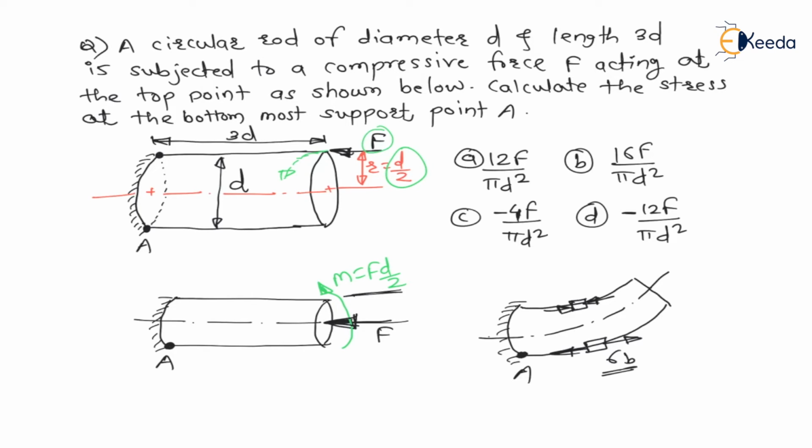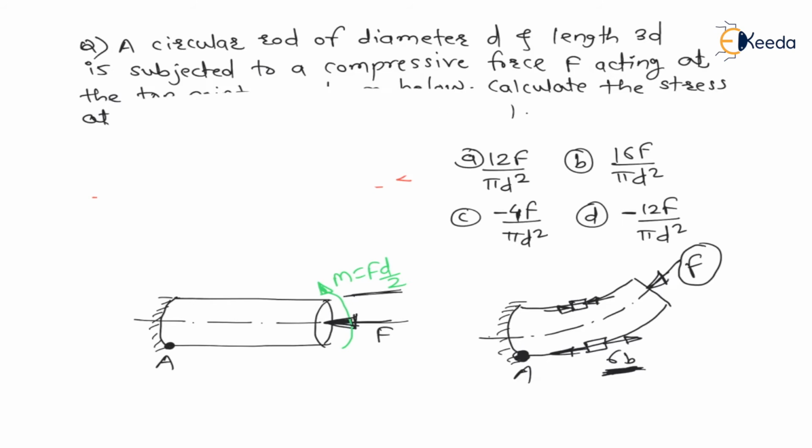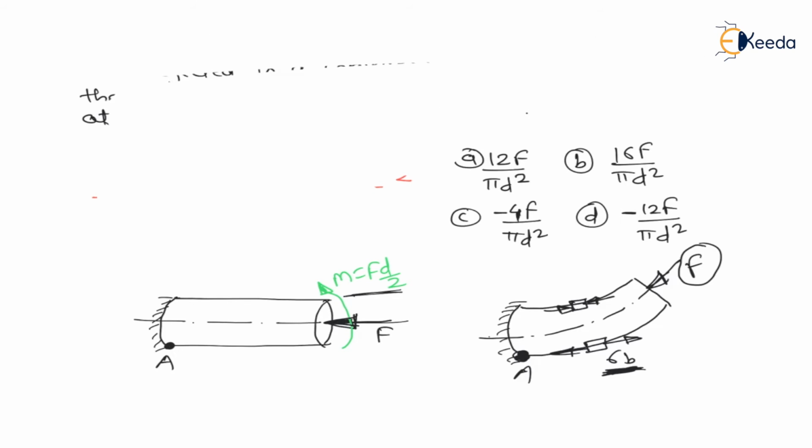And also there is a compressive stress on the component. At point A there is direct compression due to F, as well as a bending stress which is tensile. So we have to consider both the effects. We will calculate separately, one by one. First we will calculate direct compression, then we will calculate bending stress, and then we have to directly add them.